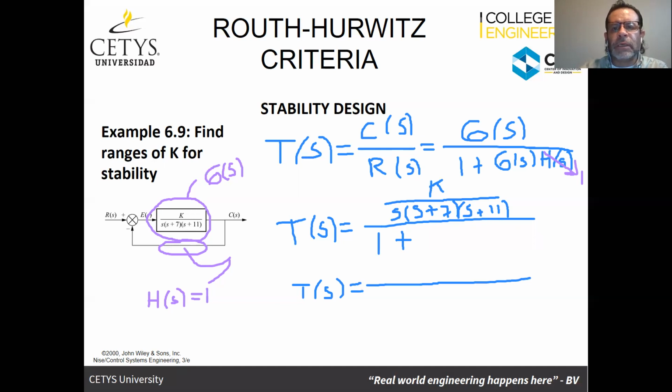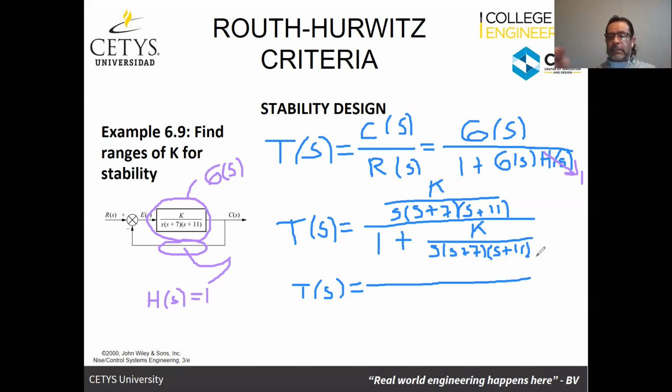Here it is, G of S, it's K divided by S times, I'm sorry, S plus 7 multiplied by S plus 11.